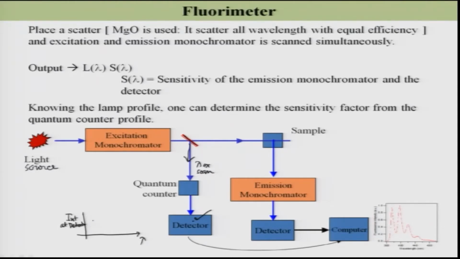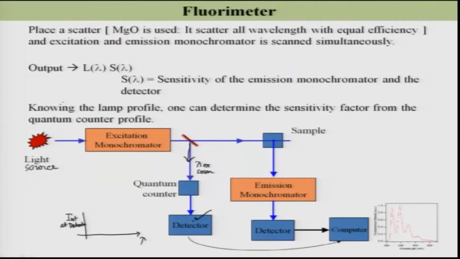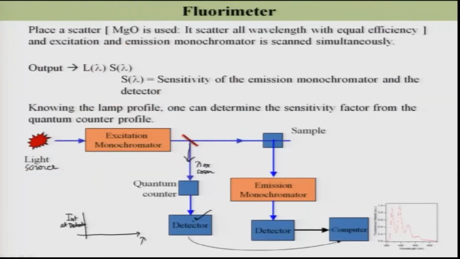In my lamp spectra, which I showed this way, the detector intensity will also vary this way. So ultimately what you are going to get is a similar profile like this.